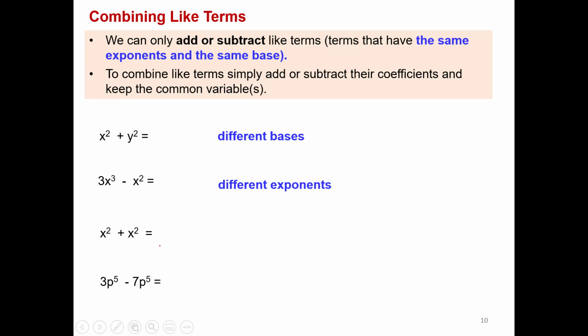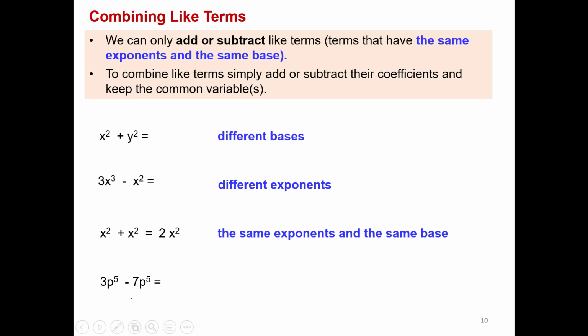Can we combine these two terms? The answer is yes, because we have x to the second, same base, same exponents. If we have 1x to the second plus 1x to the second, finally we have 2x to the second. Can we combine these two terms?